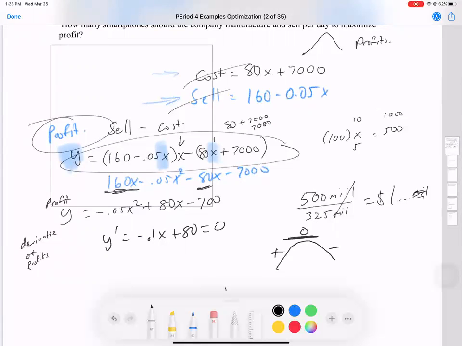So minus 80, then divide both sides by negative 0.1. X is equal to 80 divided by 0.1. The negative becomes a positive, and that's going to be 800. Now, if I sell 800 smartphones, I'm going to maximize my profit. Afterwards, I'm going to make a little bit less every single time.